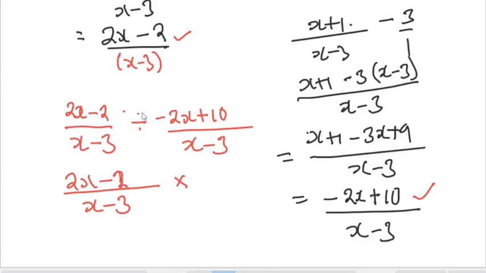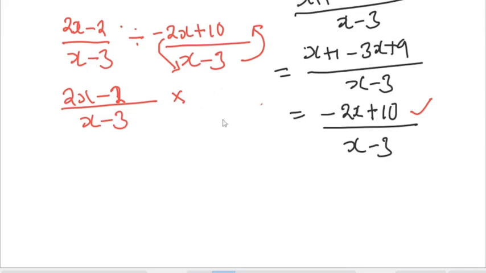Then times, we have changed this division sign to multiplication. So what will happen is this denominator will become the numerator, and the numerator becomes the denominator. So we are going to have negative 2x plus 10 over, okay, sorry for that. All right, so I wrote the same thing, negative 2x. So the numerator will be x minus 3 over negative 2x plus 10.